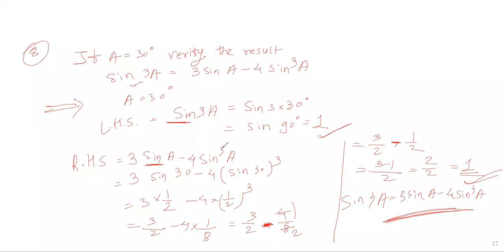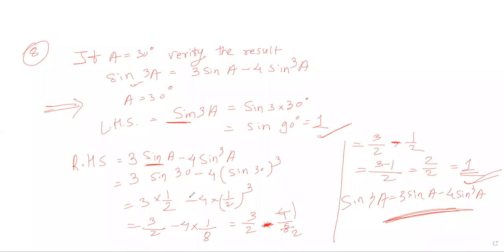Now see right hand side. 3 sine A minus 4 sine cube A. 3 as it is, sine as it is, A's value is 30 degree, minus 4 as it is. Sine cube A means sine 30 degrees cube. Now 3 as it is, sine 30 degrees is 1/2, minus 4 multiply by 1/2 cube.